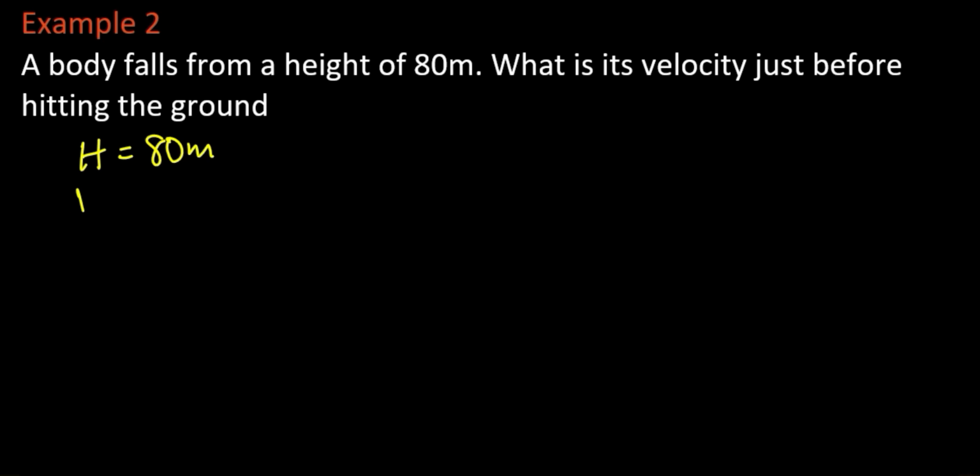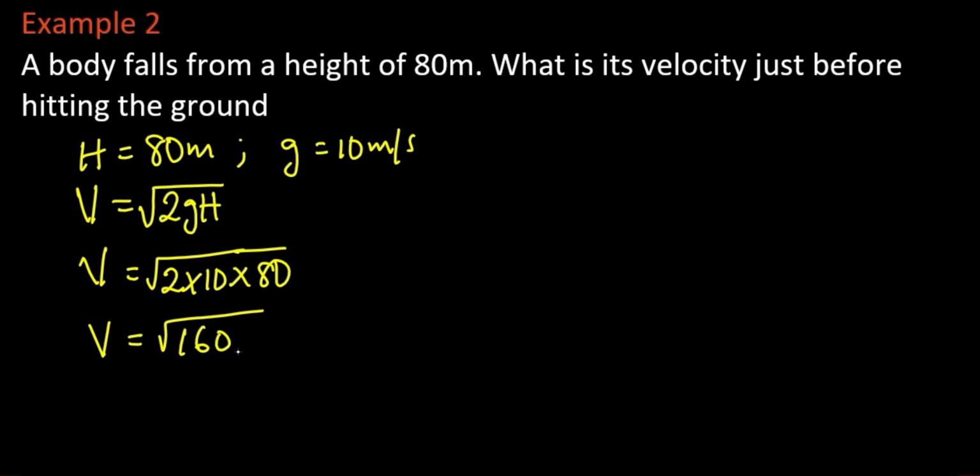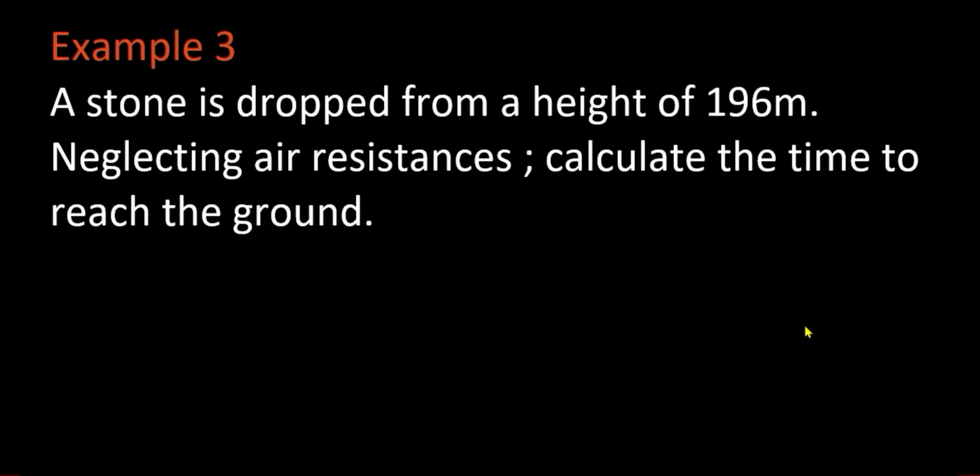So our h is equal to 80 meters. v is equal to the square root of 2gh, which is the velocity before it reaches the ground. 2 times 10 times 80, v is equal to the square root of 1600, v is equal to 40 meters per second.